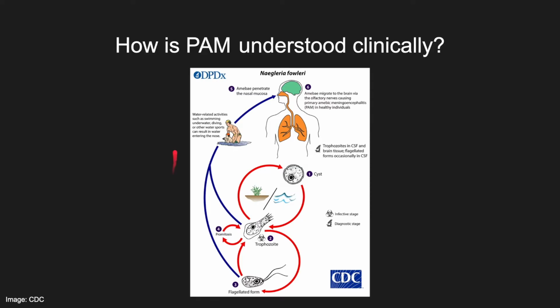And here I just included a nice image from the CDC that shows not only the life cycle of Naegleria fowleri, but also how it goes into the body. So it shows Naegleria fowleri as a cyst. I did mention that it likes to propagate in water, but it also can be found in soil.